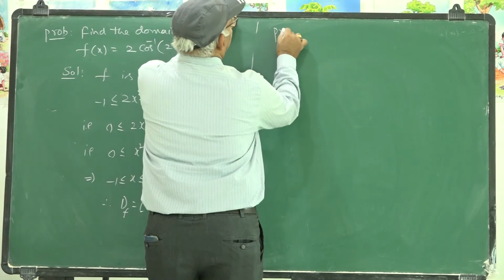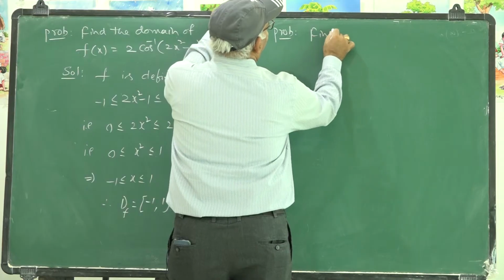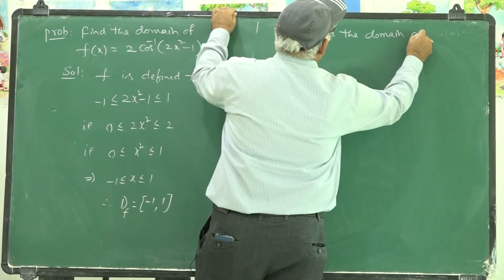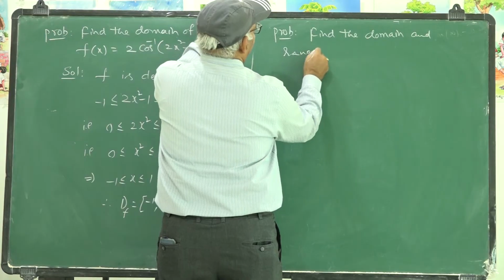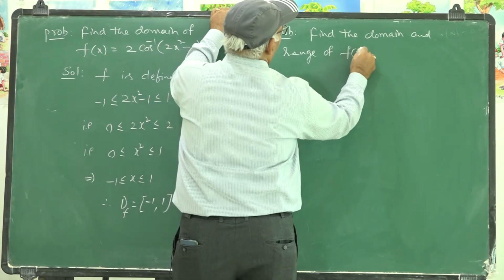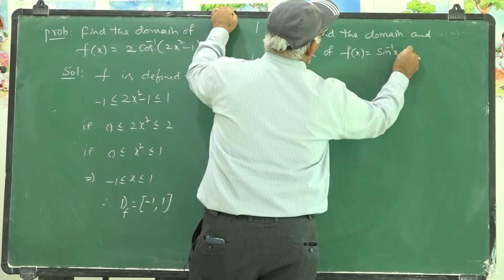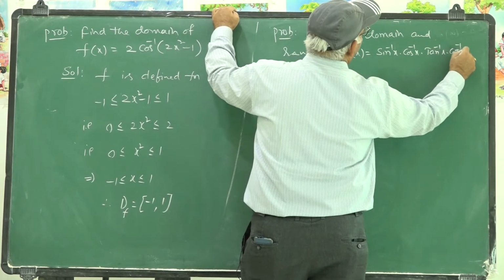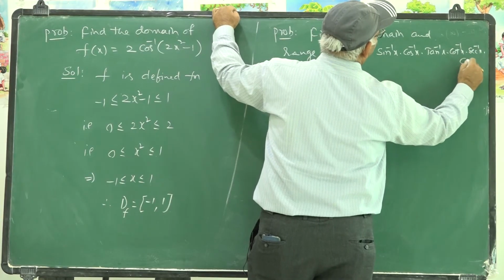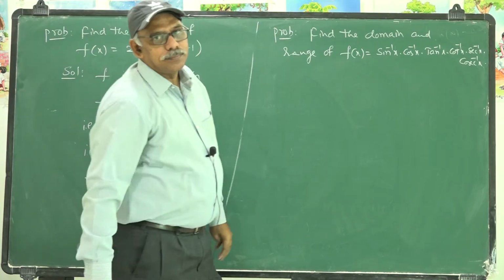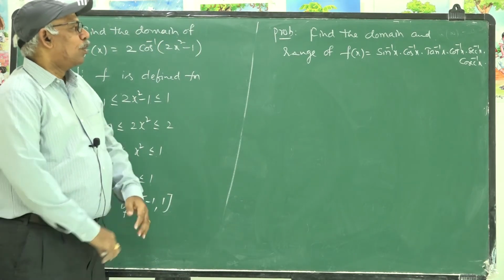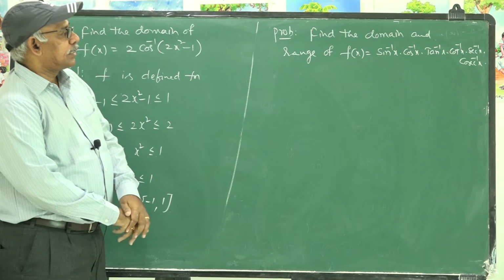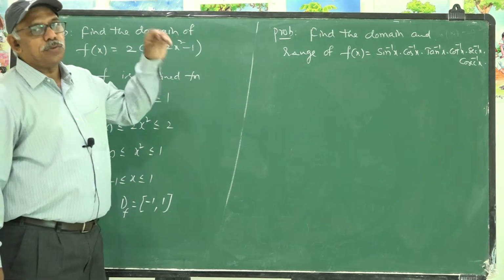Similarly, next problem. Find the domain and range of f(x) equal to sin inverse x into cos inverse x into tan inverse x into cot inverse x into secant inverse x into cosec inverse x.